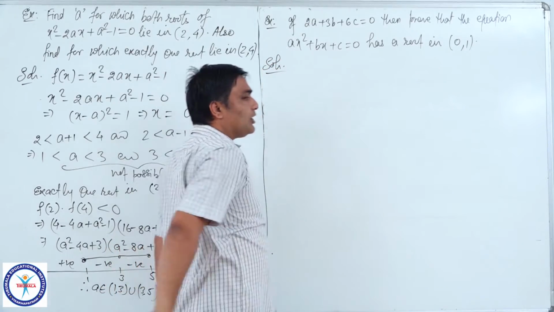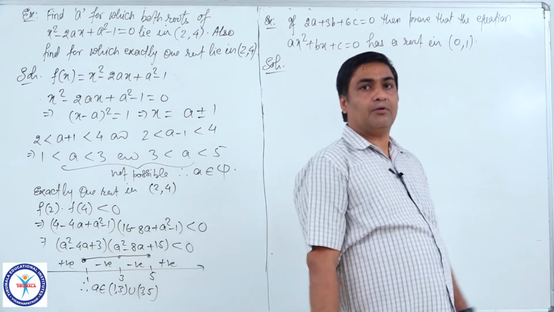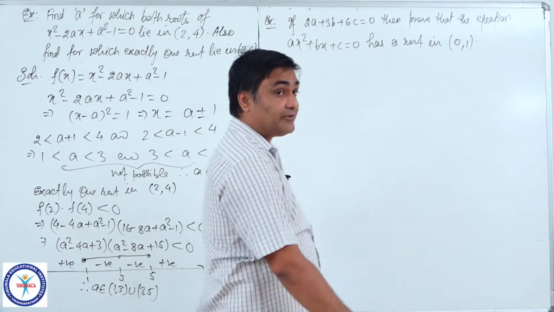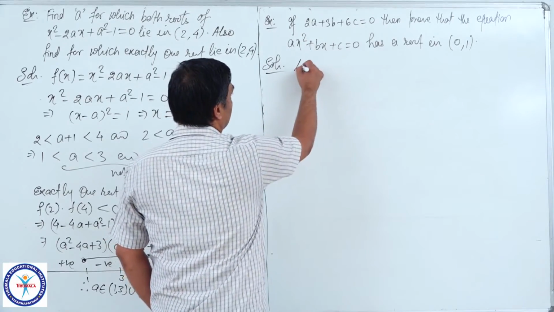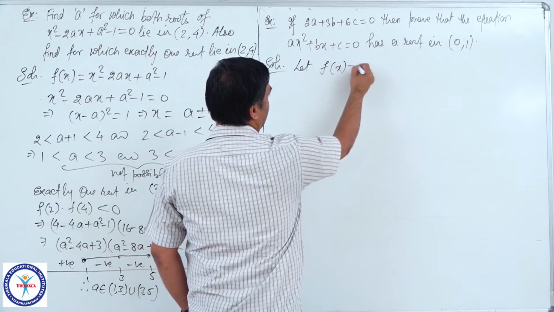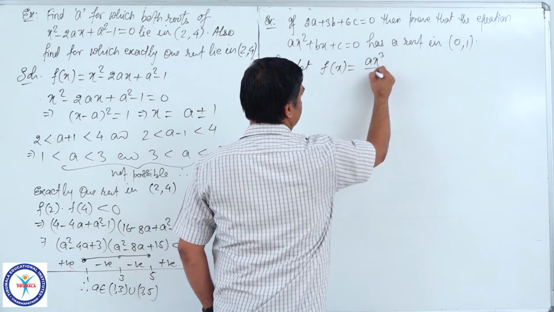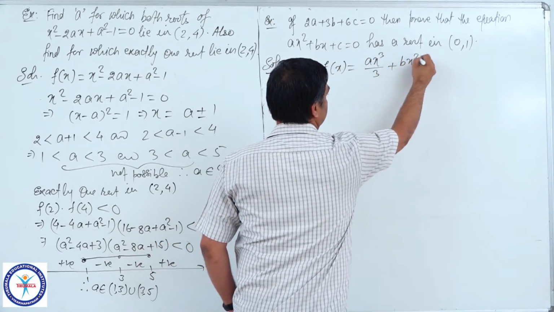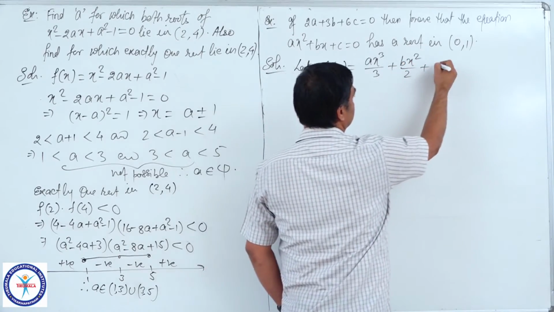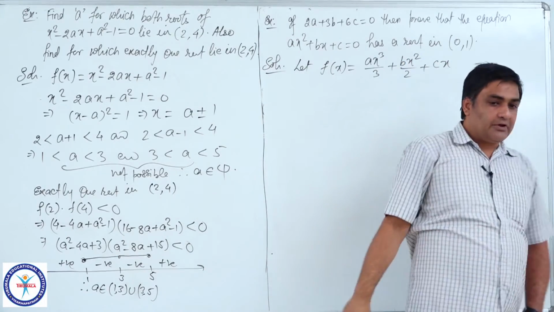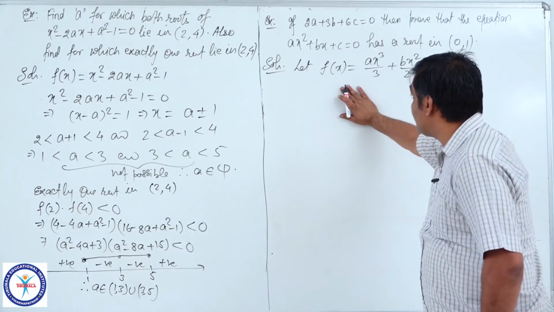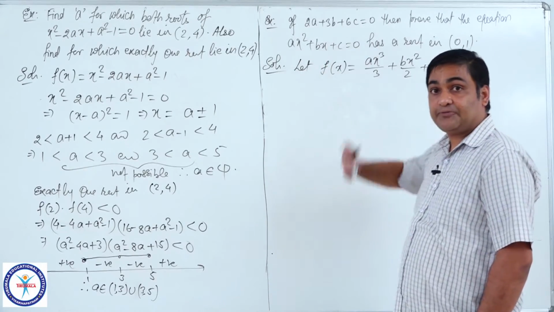See, I was talking about Rolle's theorem, or we can say the 10th point of location of roots. Let f of x equal to, if you see closely, we have assumed f of x by integrating this expression.